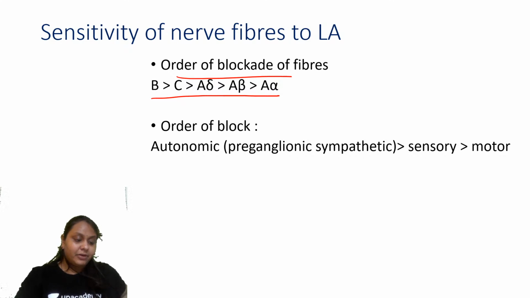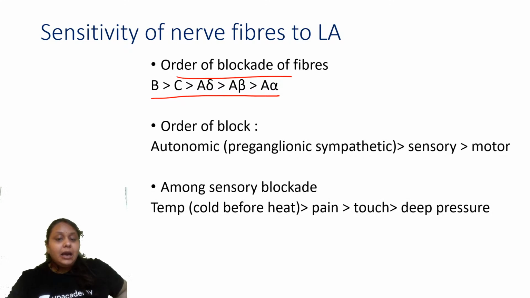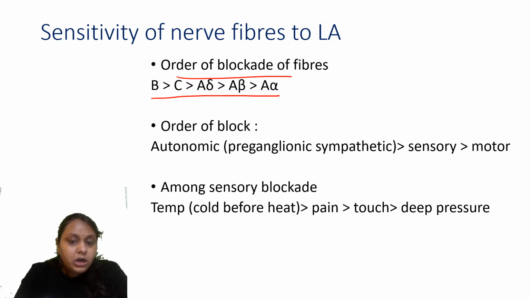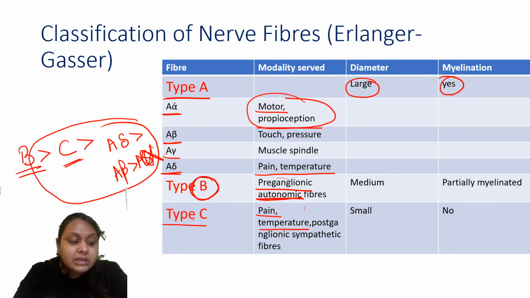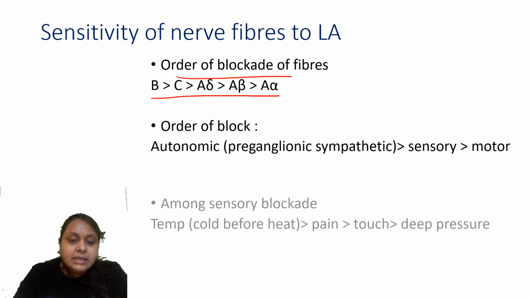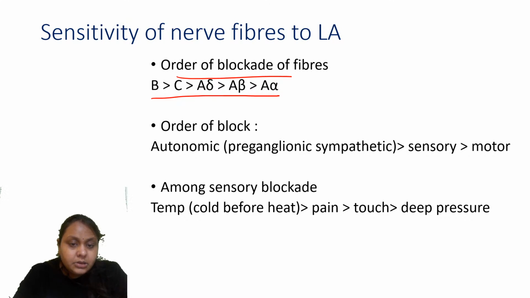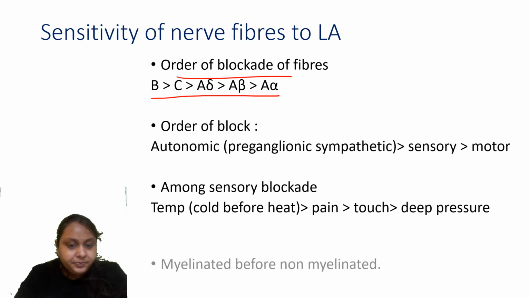Amongst the sensory, temperature, that is cold before heat, may be affected; A delta also carries temperature, and C also carries temperature, so there may be some confusion, but the A alpha fibers are the least sensitive. So temperature, cold before heat, then pain, touch, and then deep pressure. This is how the sensory blockade goes.